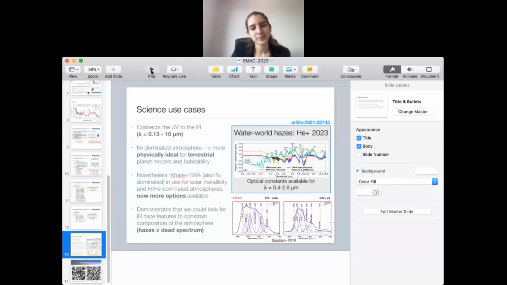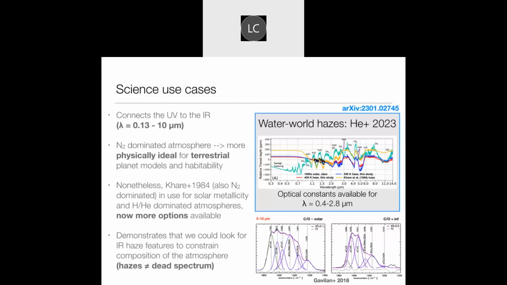Okay, so if I understand your question completely, you're basically asking how do we interpolate between different C/O ratios, or what's the next level of complexity? I'll go back to the Gavilan work because she did a really amazing job breaking down where a lot of these features were coming from.